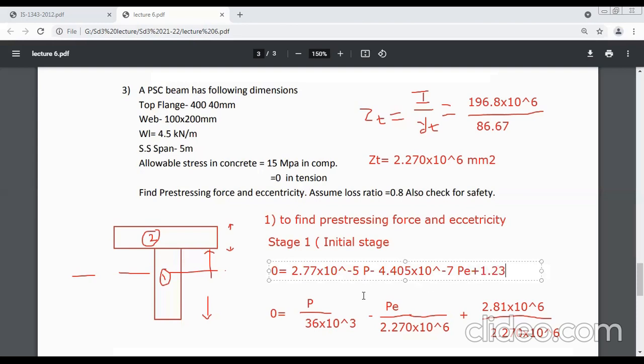Okay. So write down this one. It is equation number 1.